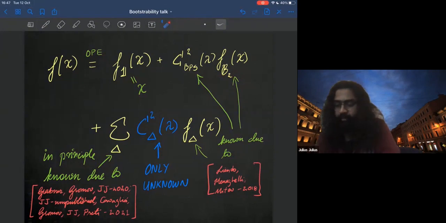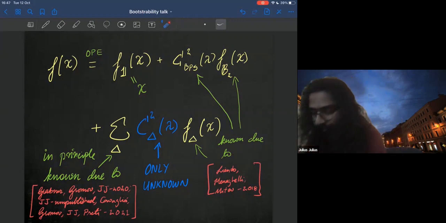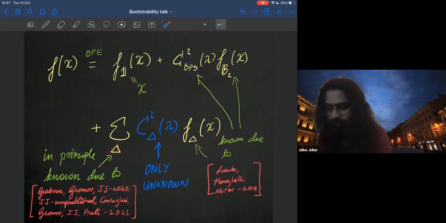And the third term which enters this OPE are the long operators, which are singlets of the defect. So long singlet operators, and these are precisely the operators for which we managed to get the entire spectrum in principle. So for those operators, we have a sum over the spectrum.